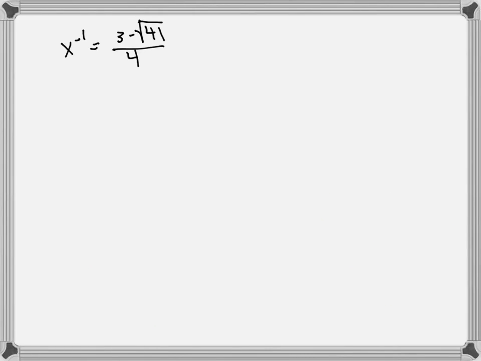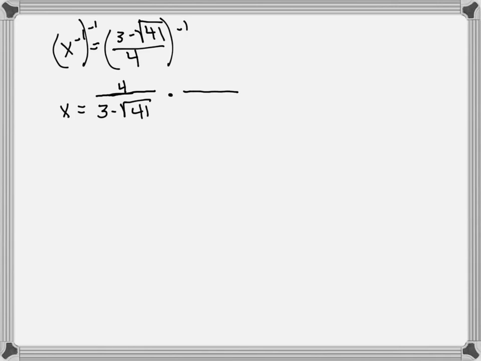So we're solving x to the negative 1 equals 3 minus the square root of 41 over 4. We're going to raise both sides to the negative 1 power again. So x equals 4 over 3 minus the square root of 41. Again, we need to rationalize the denominator. I'll multiply by 3 plus the square root of 41 over 3 plus the square root of 41.